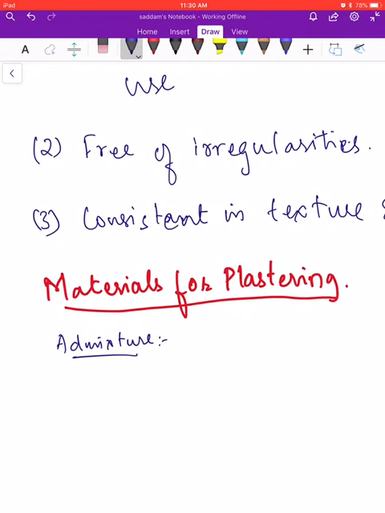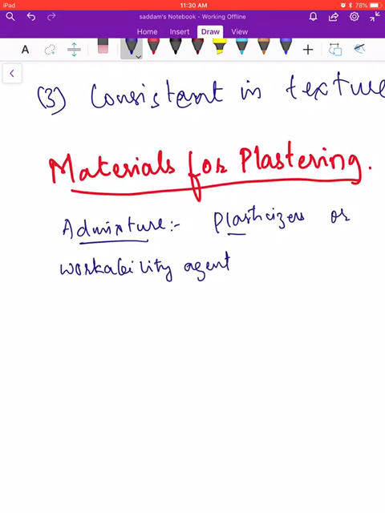So the admixtures we use, first one is plasticizers or workability agent. As we know, with plasticizers we obtain the workability with a lesser water cement ratio.